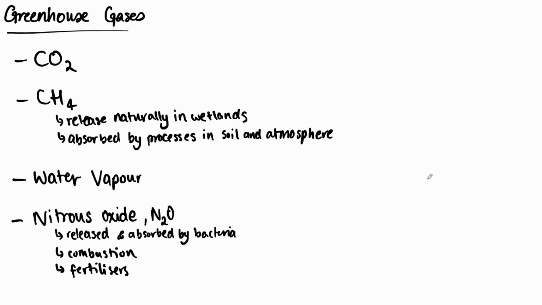Then we have water vapor, which is pretty self-explanatory. It's part of the water cycle. And then we have nitrous oxide, N2O. This is released and then absorbed naturally by bacteria and several processes, but is then produced by us through combustion and the use of fertilizers.